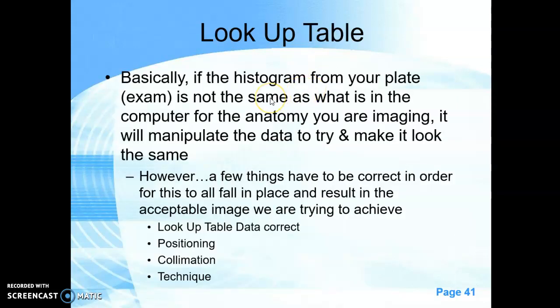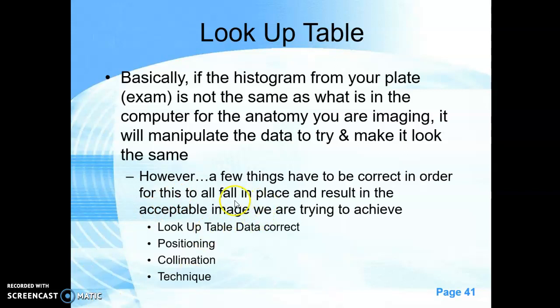So basically, if the histogram from your exam is not the same as what the computer thinks it should be based on the anatomy you selected, it's going to manipulate that data to try to make it look the same as what it has stored for a basic exam or projection.